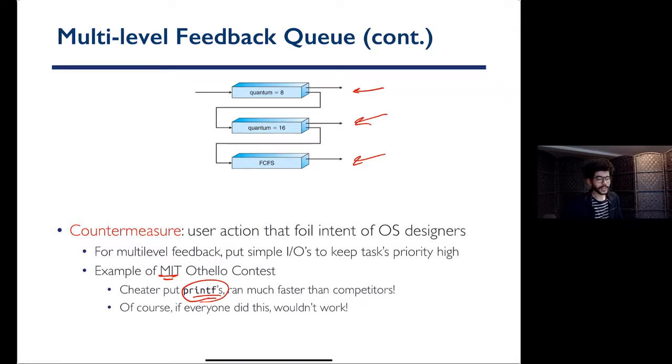Other contestants' code would be pushed down this queue because they didn't have any IO. They probably did have a bunch of computation to do, but these guys kept their task up here. As a result, their task was getting more CPU time, and the more CPU time you get, the more computation you could do in terms of solving the game, right?